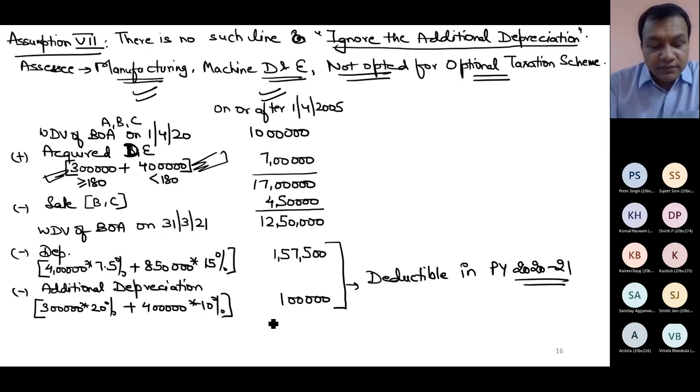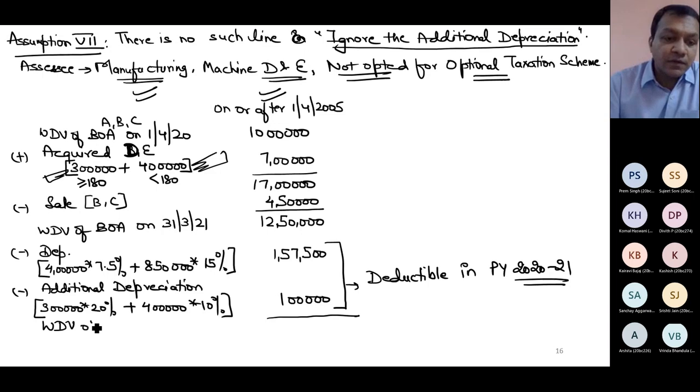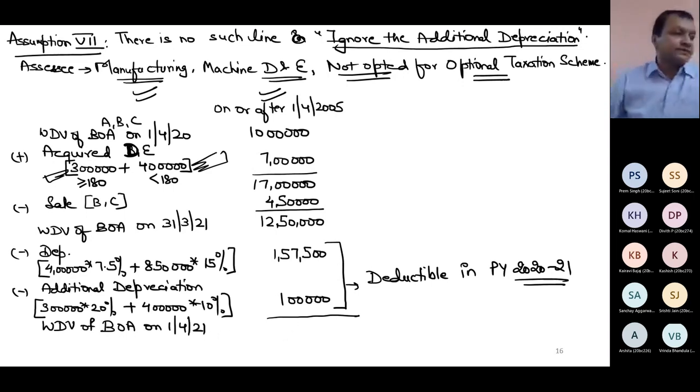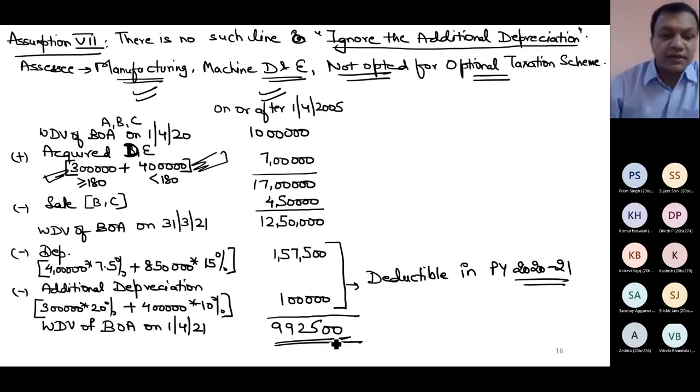And this is what my WDV of the block of assets on 1/4/2021 will be, and that will be how much? 9,92,500. This is the concept of additional depreciation, and the process goes on in the next year.